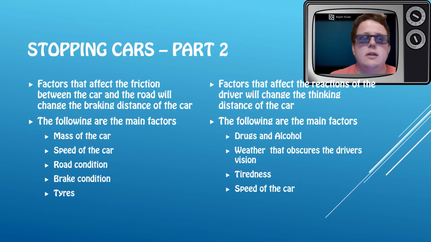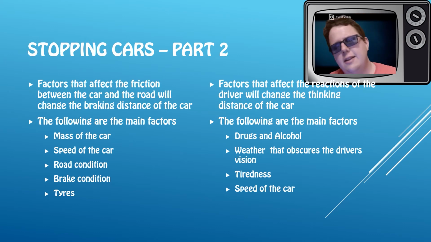Now, when it comes to stopping cars, you're expected to know what factors affect what. So, anything that affects the friction between the car and the road, or the wheel and the brakes and the brake discs or brake drums, is going to affect braking distance.